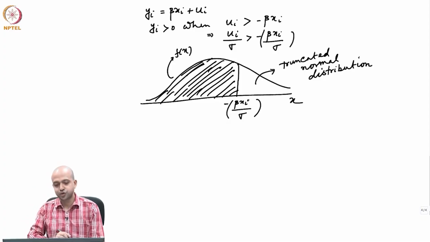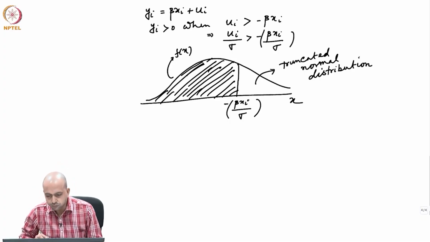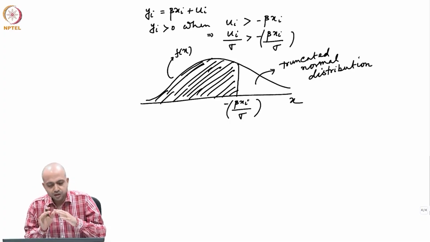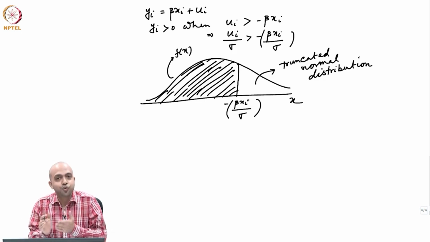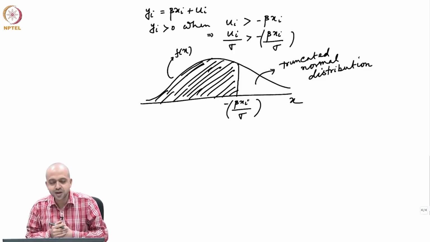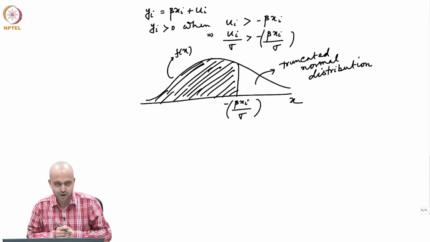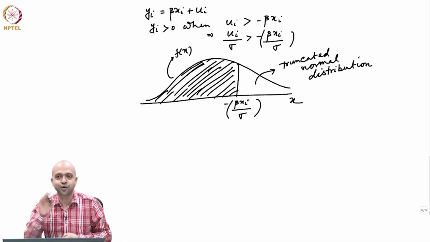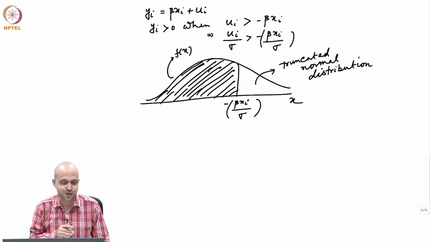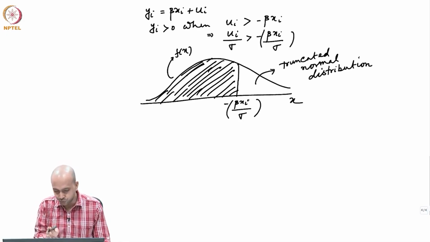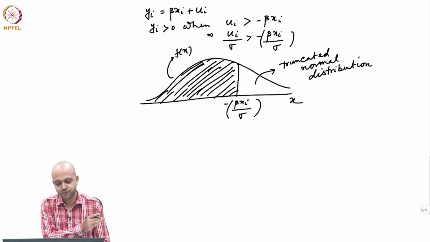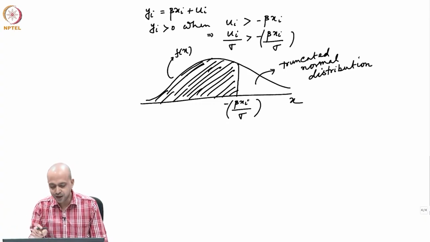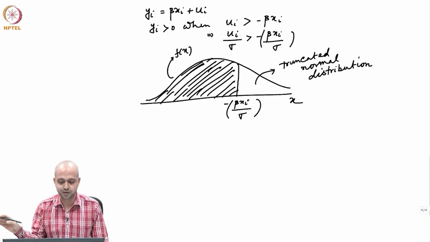So, you are trying to apply OLS in a situation where ui follows a truncated normal distribution, while OLS requires ui to follow a normal or standard normal distribution. That is why removing this set of observations and then applying OLS for the remaining is not appropriate.